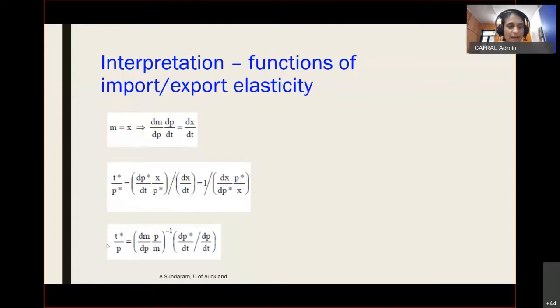Similarly, the optimal tariff is also a function of the import elasticity. Here we have the import elasticity, dM over dP, P over M, multiplied by dP star over dt. So what we've shown is that the size of the optimal tariff, whether it's high or low, depends on the slopes of the import demand and export supply curves, because they're functions of export elasticity and import elasticity.